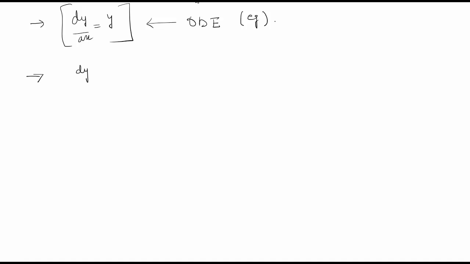Again, if you have an equation such that dy by dx is equal to x square, this is a first order ordinary differential equation. Again, this is first order, and both of these are linear equations.